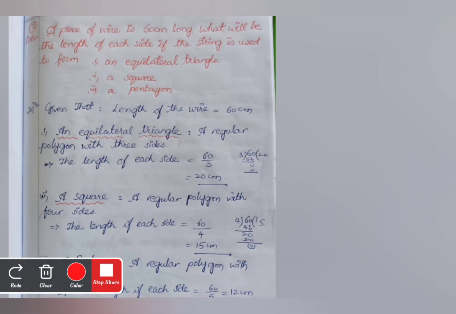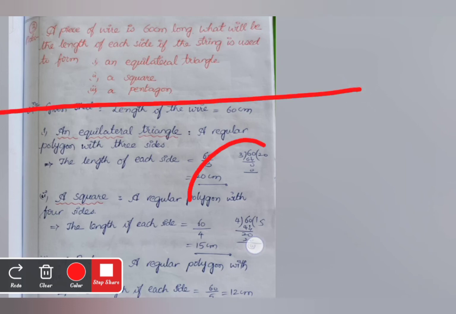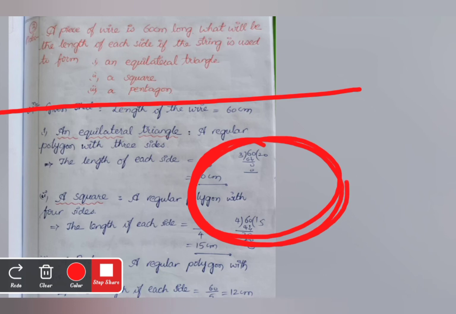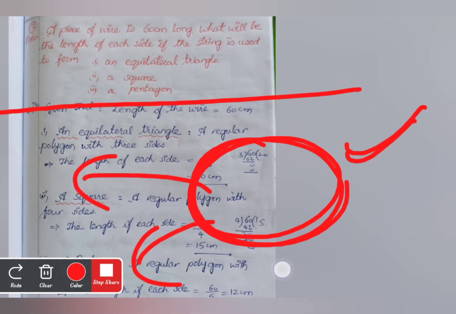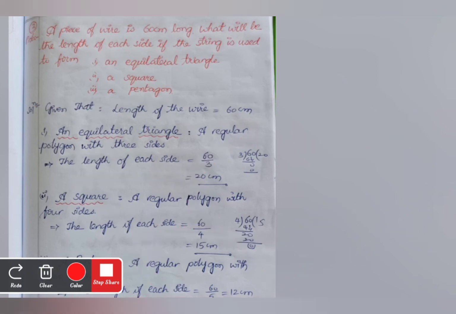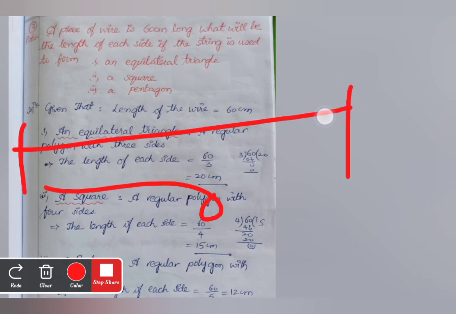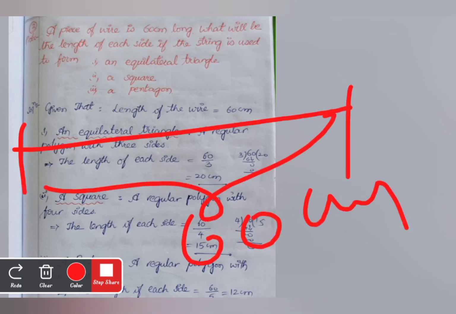In your childhood, I think you have played many games, using some mud to prepare so many toys. So here a wire of 60 centimeter is given, and with this wire you need to form an equilateral triangle, a square and a pentagon.